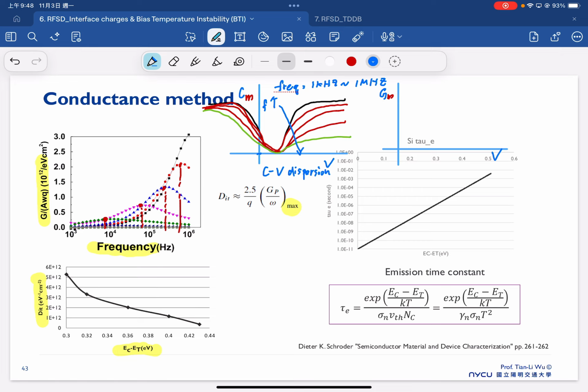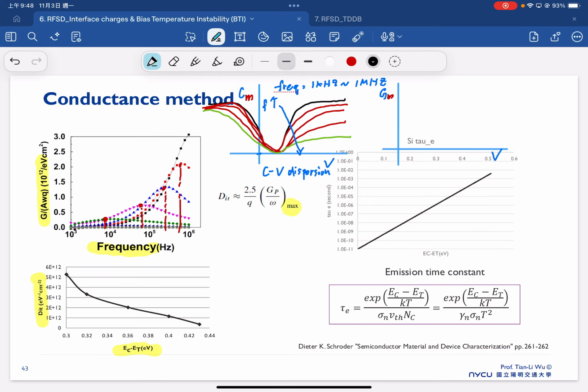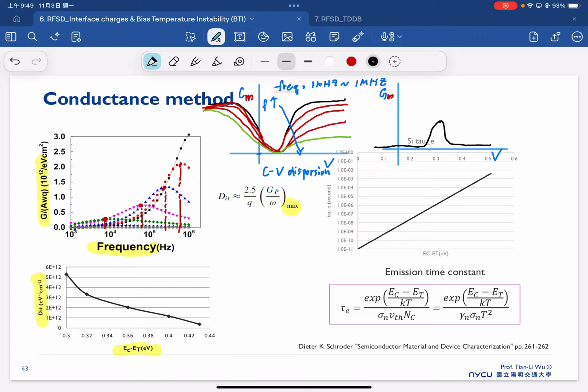The typical result for this Gm is that at low frequency, it is usually very flat. But at the moment where we see this dispersion, we start to see a small peak of this conductance, because that's a reflection of the interface state density.